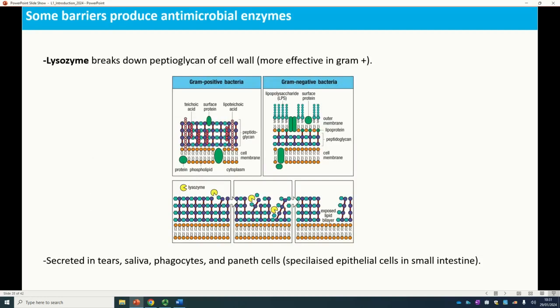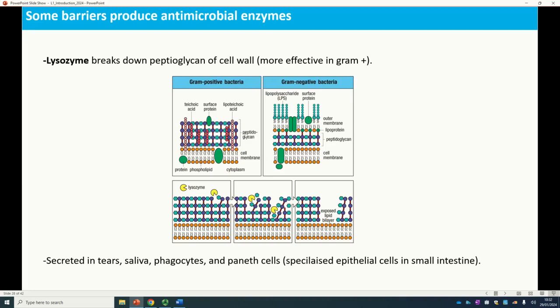So if we have a look at some of the antimicrobial enzymes, a good one of these is lysozyme. And this is actually playing a really important role in breaking down the peptidoglycan of the cell wall. And this works quite efficiently in gram-positive bacteria. So you can see the structure here of gram-positive compared to gram-negative.